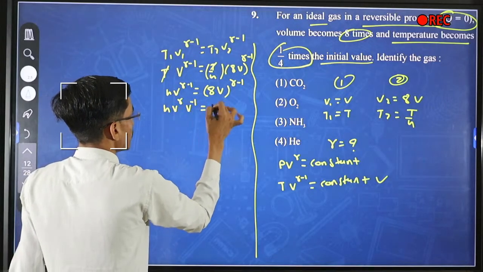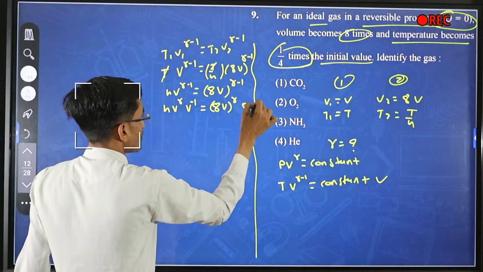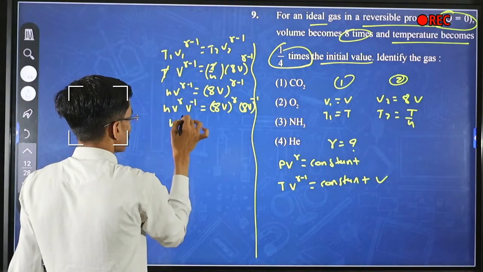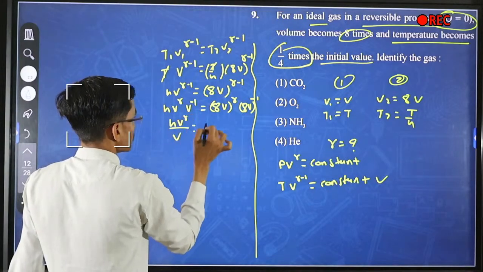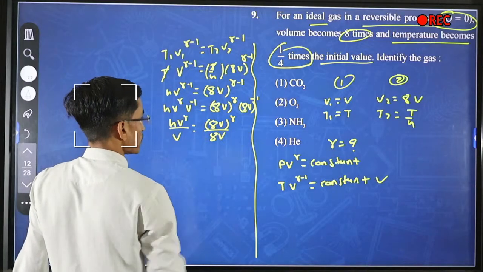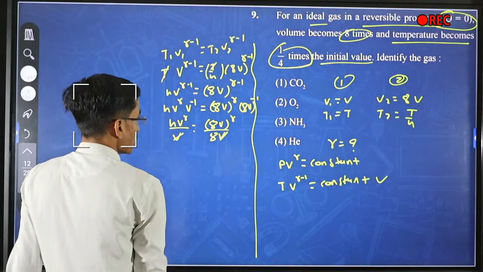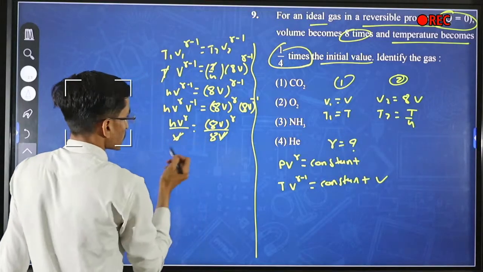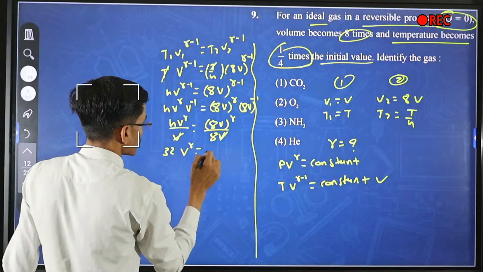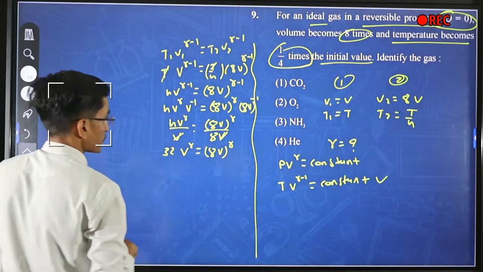So 4 times V raised to gamma by V is equal to 8 V raised to gamma by 8V. Here V will be cut, and 8 into 4 is 32 times V raised to gamma is equal to 8 V raised to gamma.